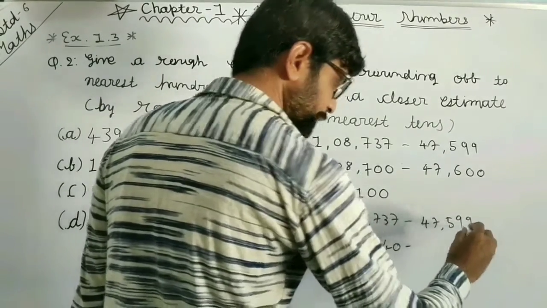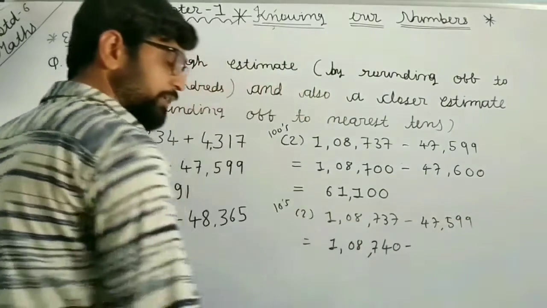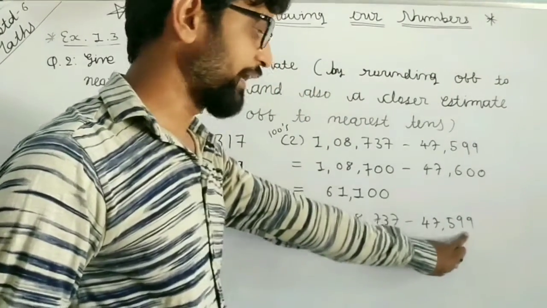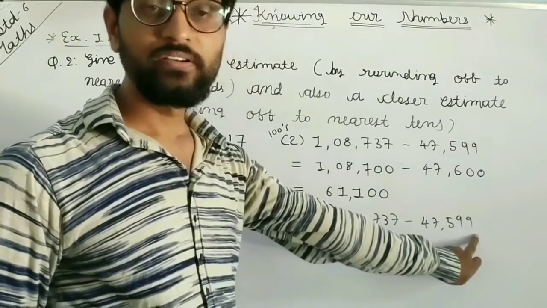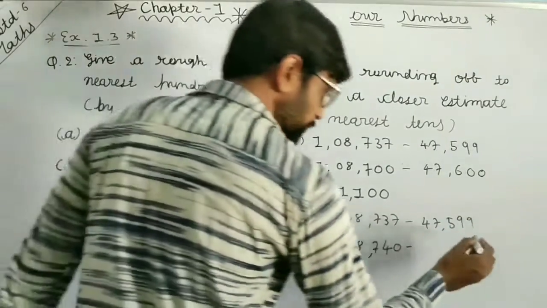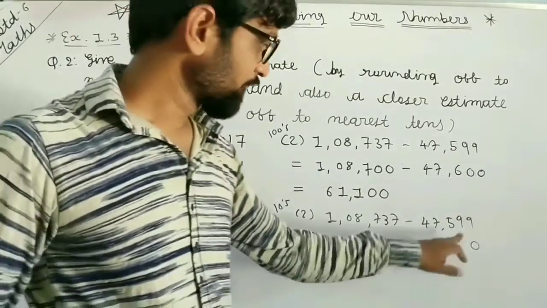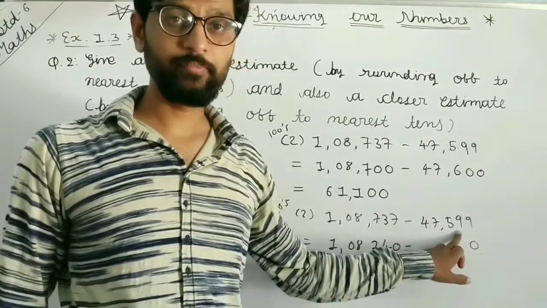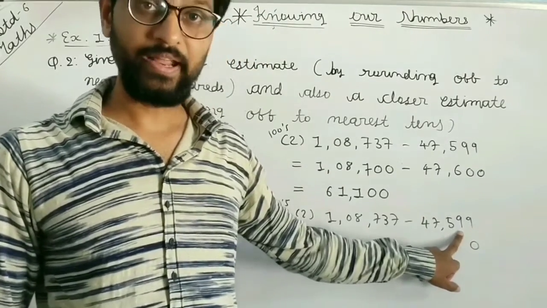Now at the place of the 9, see, at the place value of the 10, 9 is given. See here, it is very important. After 9, also 9, which is more than 5. So we have to add 1 to the tens place. If we add 1, then it will become 10.